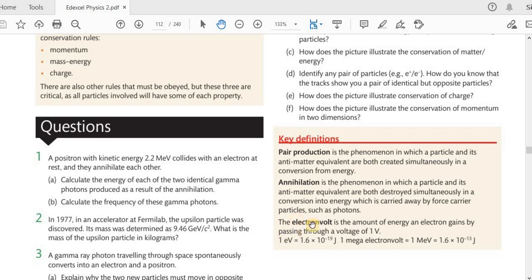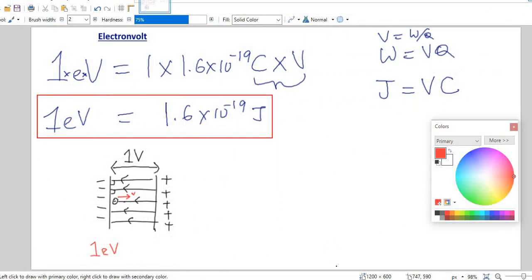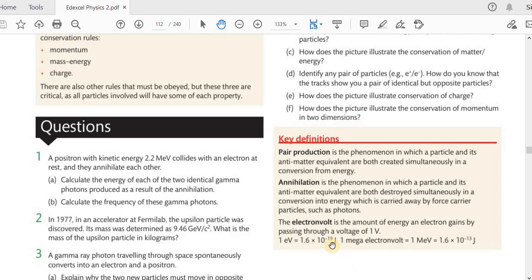So you can now try to understand this definition, and here you can see the conversion factor is also given. 1 electron volt is equal to 1.6 into 10 to the power minus 19 joule. The electron volt is the amount of energy an electron gains by passing through a voltage of 1 volt. So once you know this you can figure out 1 mega electron volt.